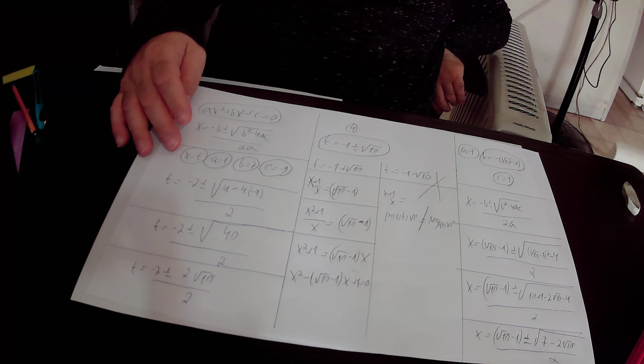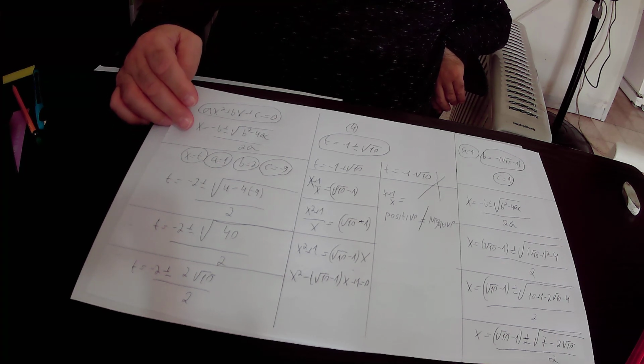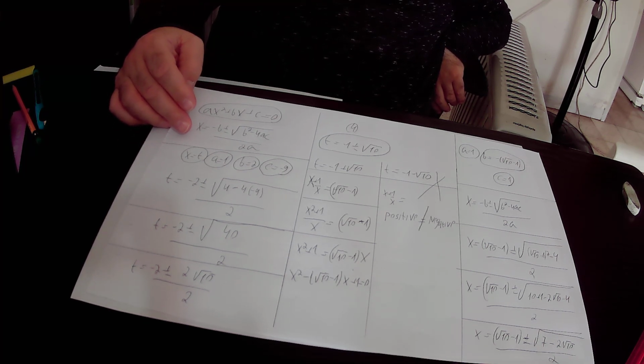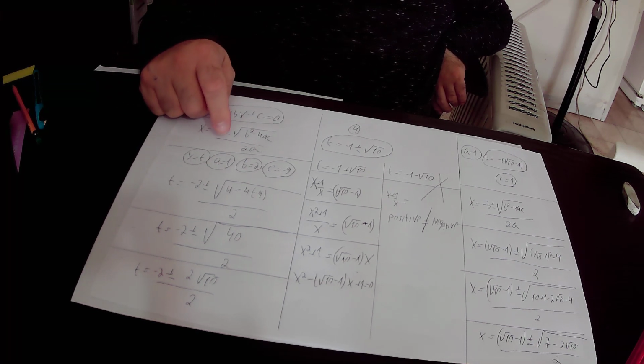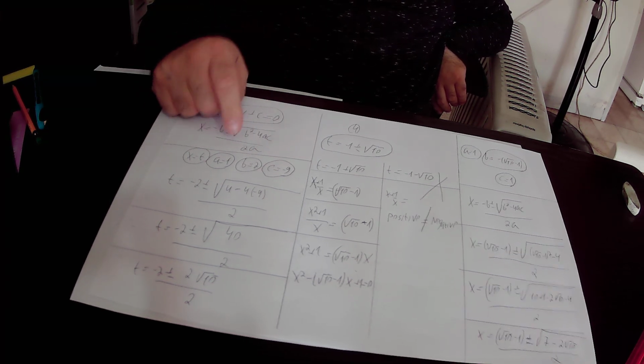So we'll put the data inside this formula in order to find the value of t. So t equals minus b, b equals 2, so minus b is minus 2, plus or minus the square root of b squared. b is 2, b squared is 2 squared, which is 4, minus 4 times a times c. 4 times a is 1, 4 times 1 is 4, times c is minus 9.